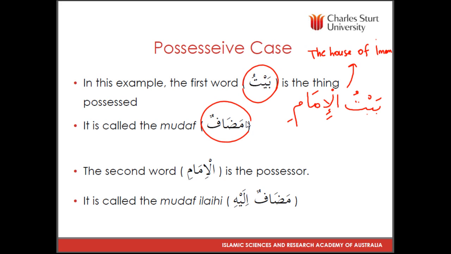Look, again, the first one, Mudaf, has no L in front and has no tanween at the end. Neither a definite nor an indefinite article, because it is a certain house, a definite noun.